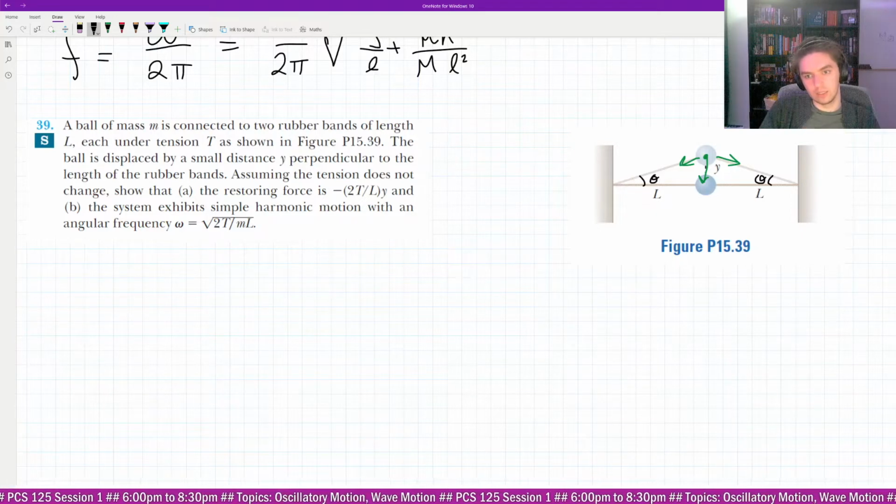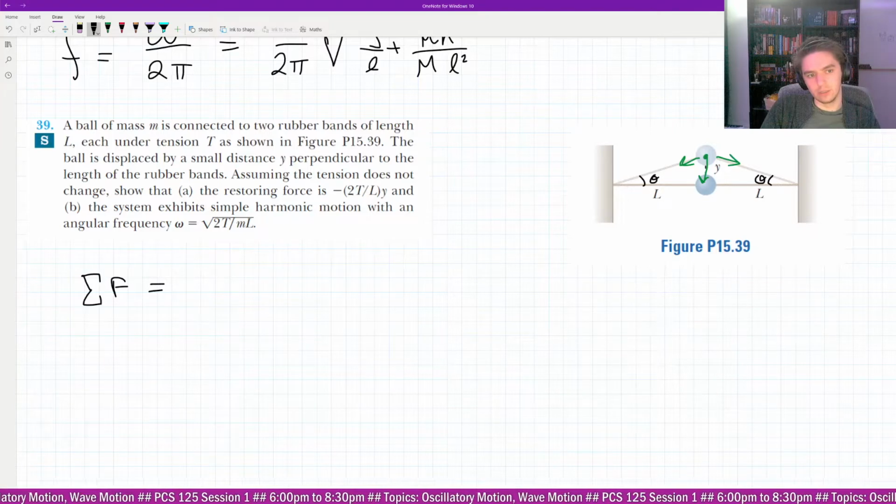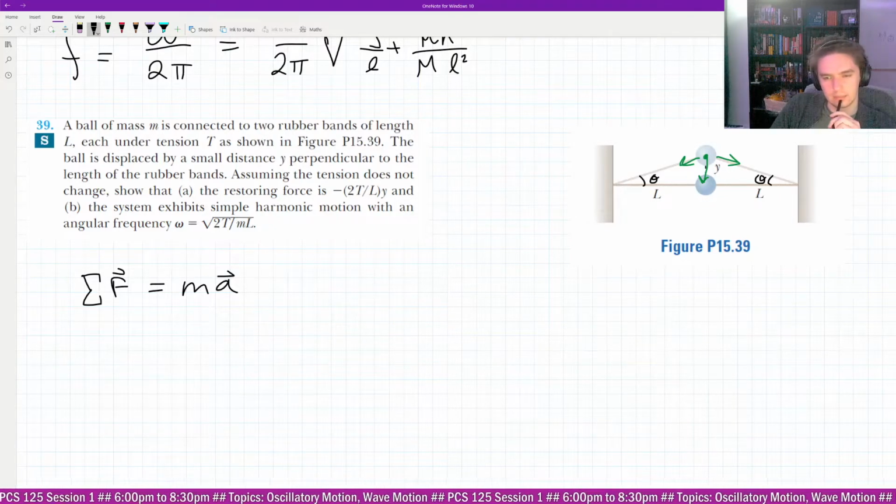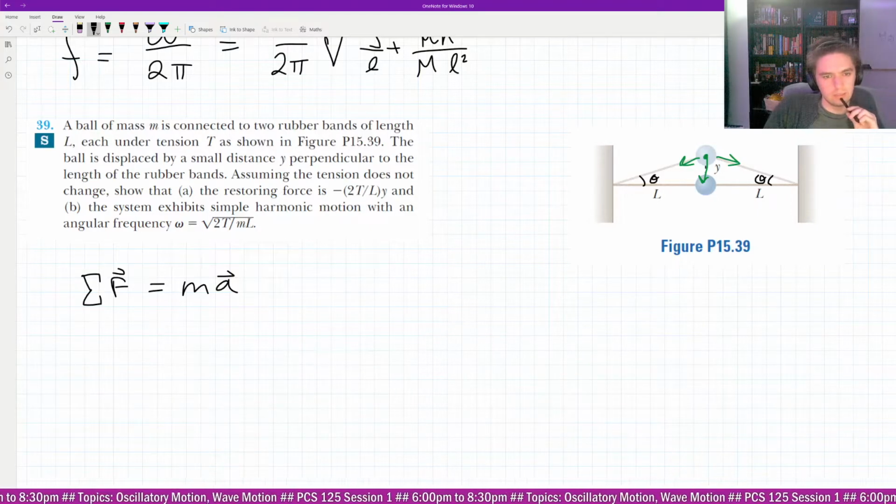So the sum of the forces acting there is equal to MA, but we don't know any of the accelerations.